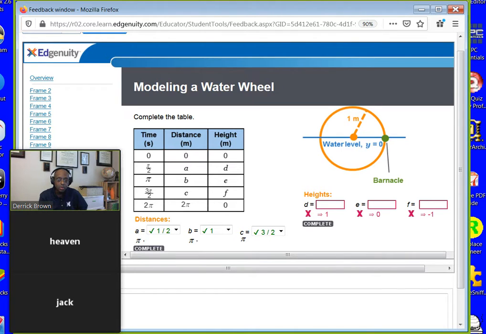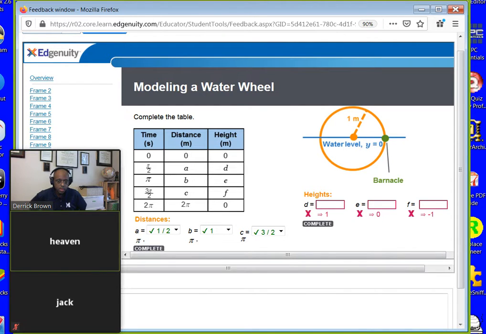You are 0 meters above sea level at time 0, and you return to that point at time 2 pi. All right, so at pi over 2 radians, do you see that the height is -1?